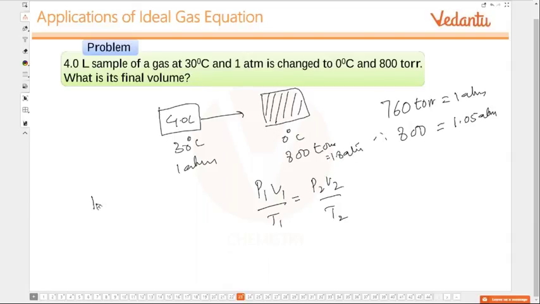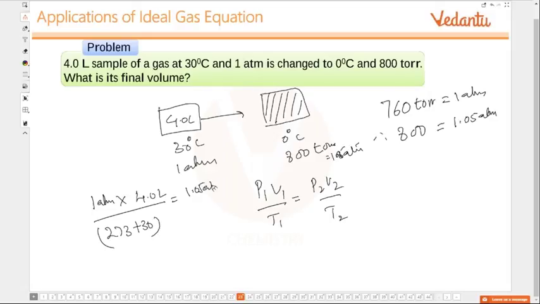So P1 is 1 atmosphere into V1 is 4 liters divided by T1 is 273 plus 30. This will be equal to P2 is 1.05 atmosphere into V2, which we need to find out, divided by 273 plus 0, that is 273.